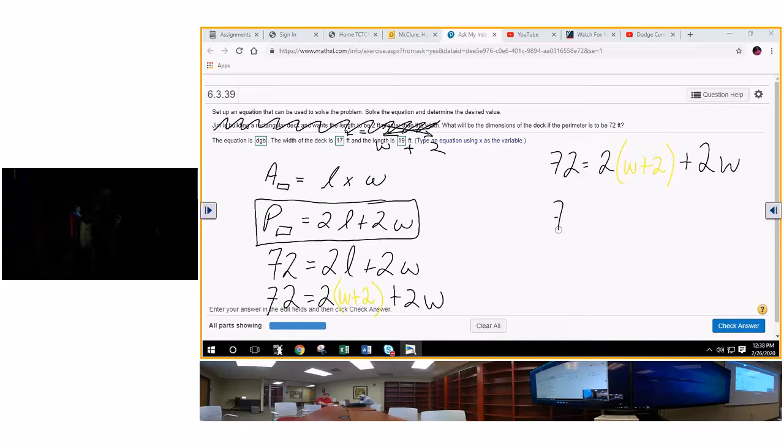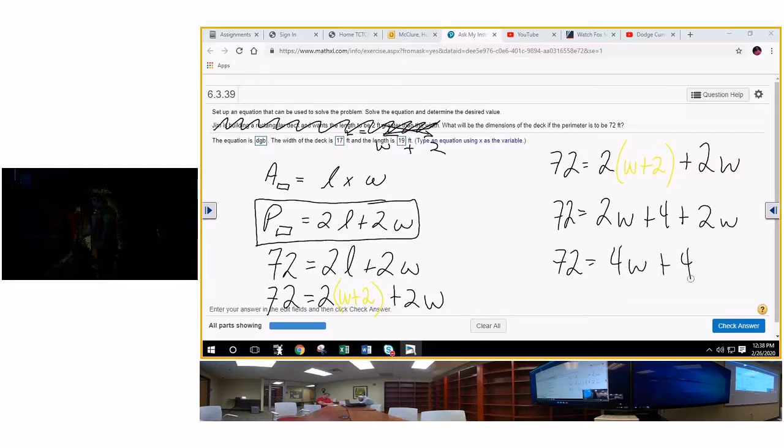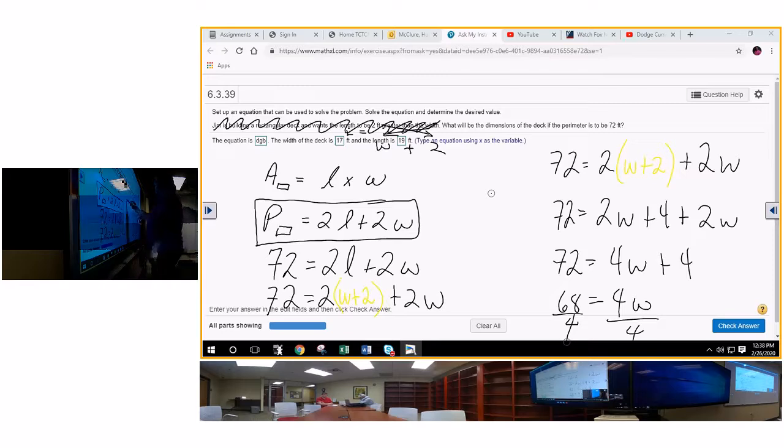That's going to be 72 equals 2W plus 4 plus 2W. And that's going to be 72 is equal to 4W plus 4 minus 4. What is that, 68? 68 equals 4W. Divide by 4, and that's going to give me 17. So W is equal to 17. Therefore, L is equal to what? 19. And that is your answer.